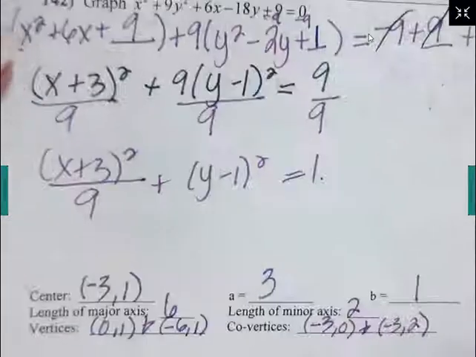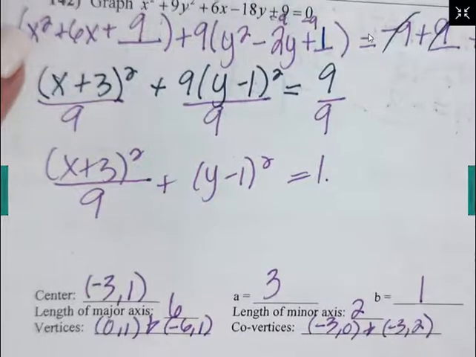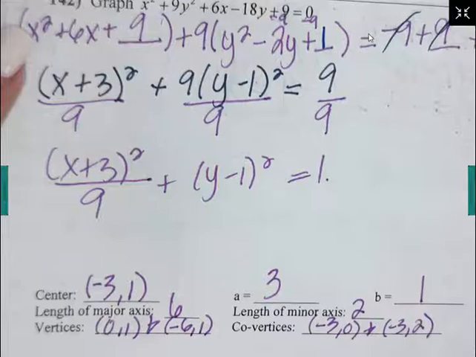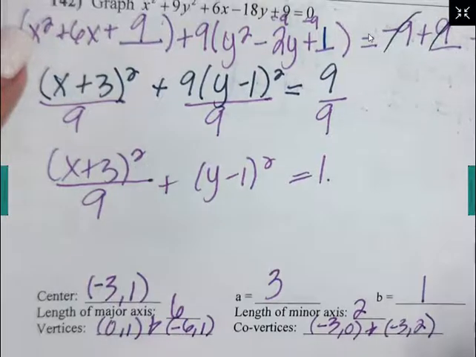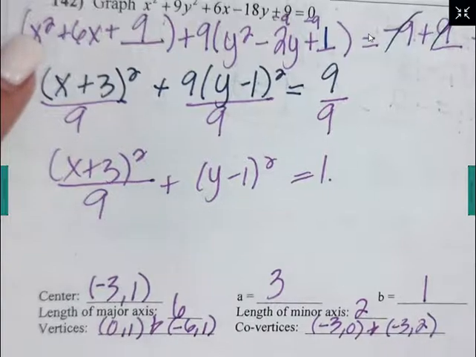So what if we don't have anything below, like y minus 1 squared? There's a 1. You could make anything a fraction by putting it over 1. Okay, but a lot of stuff that we practiced on our review sheets was just x squared plus y squared equals 1.